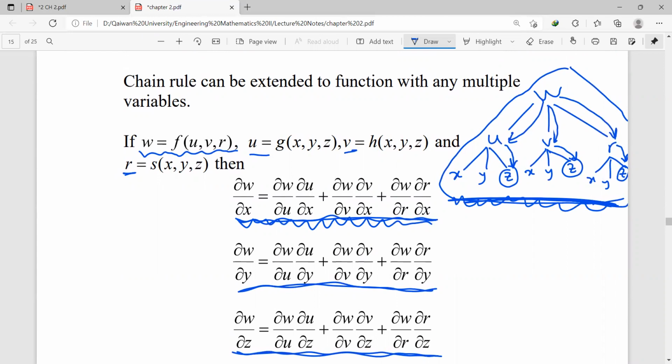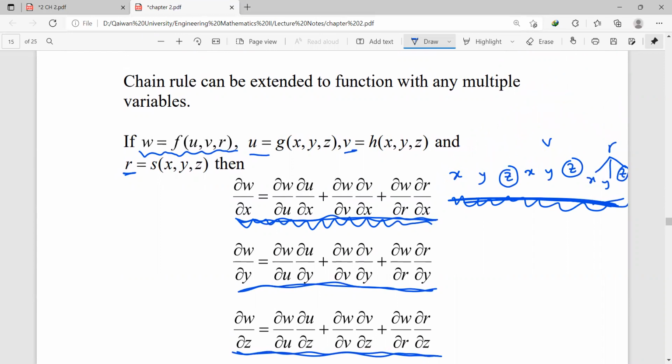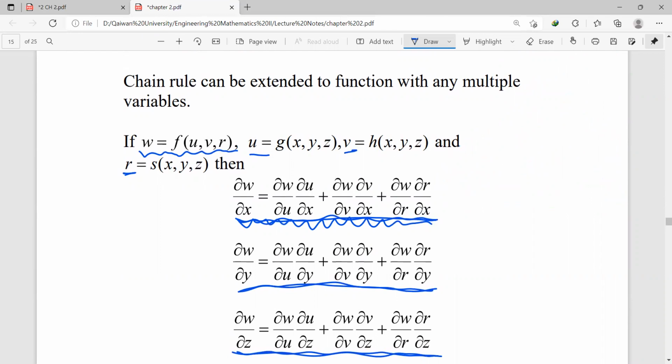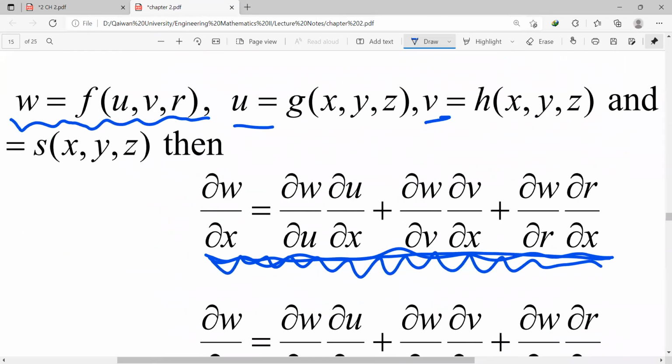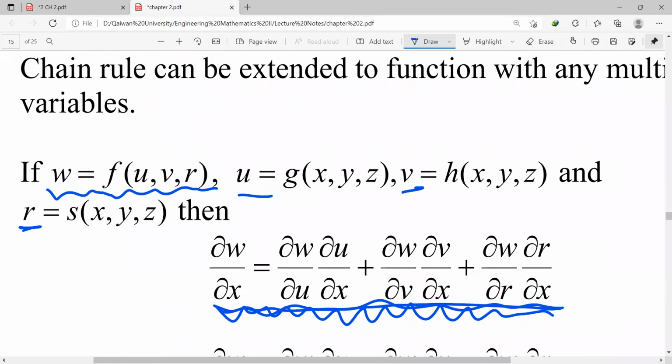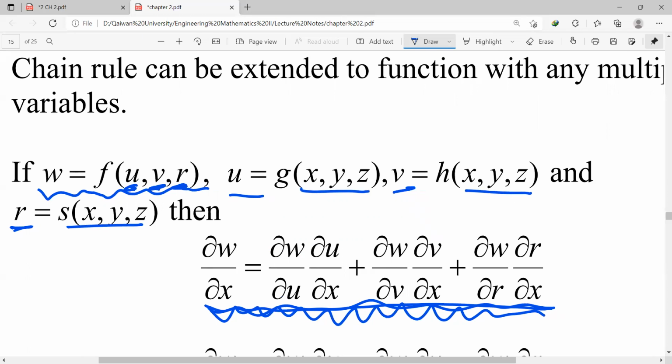I'm going to talk about the tree again. Here we say to find, in the function w, we have u, v, and r. These are intermediate variables, and u is a function of x, y, z. V is a function of x, y, z. R is a function of x, y, z.